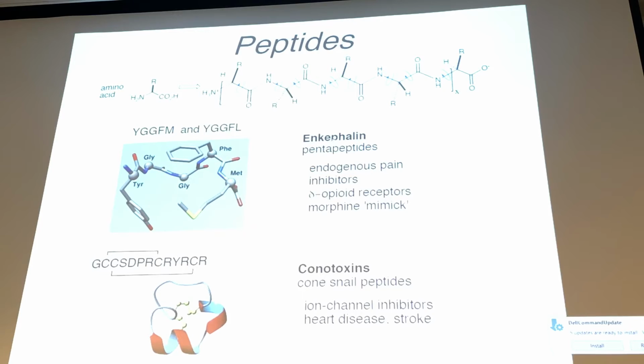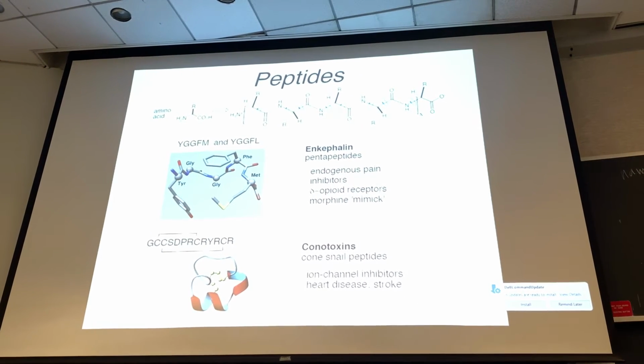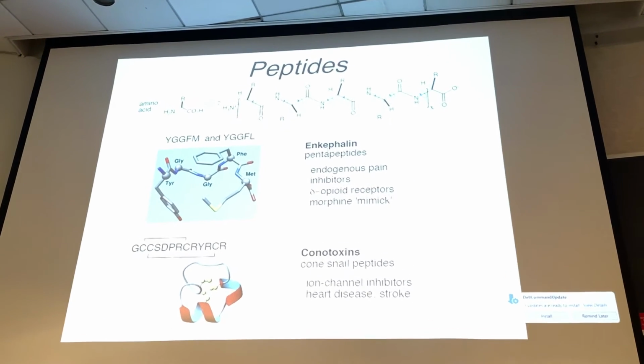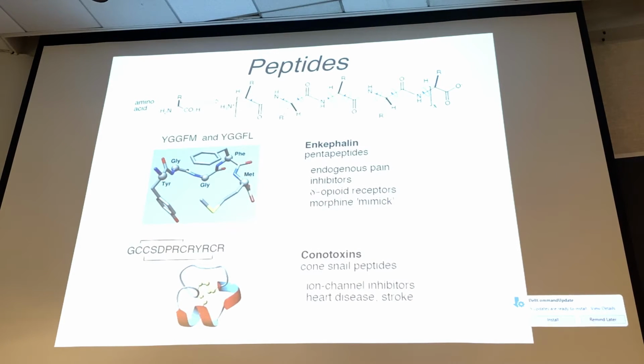In fact, conformationally, the enkephalins, YGGFM and YGGFL, have the same shape as morphine and heroin. They mimic it, which is kind of an amazing thing. The enkephalins are only available in the brain for minutes, though. They dissipate quite quickly, whereas the morphine drugs can persist for hours.